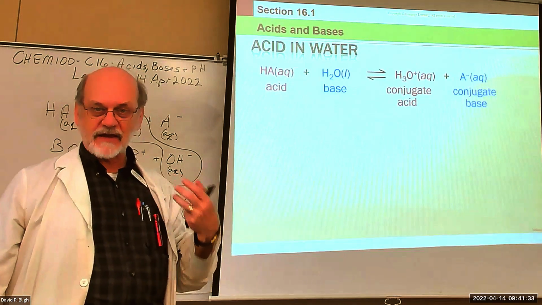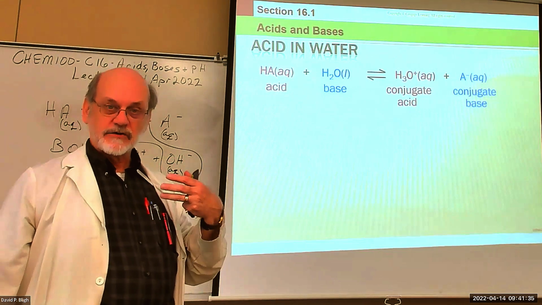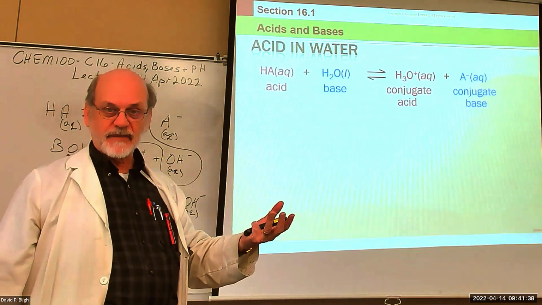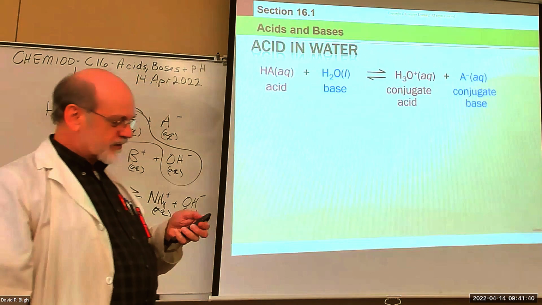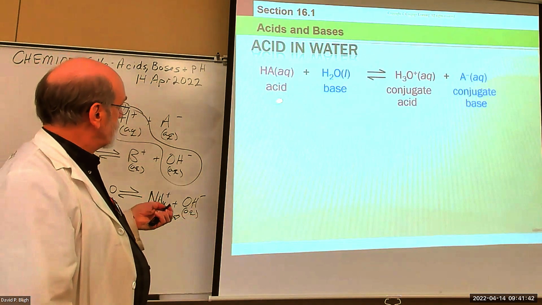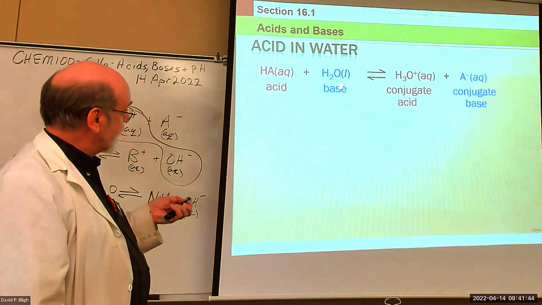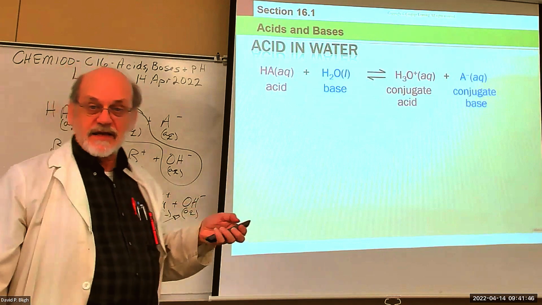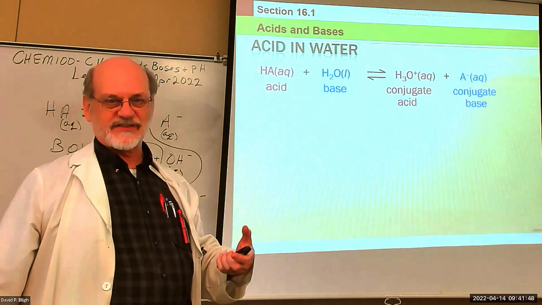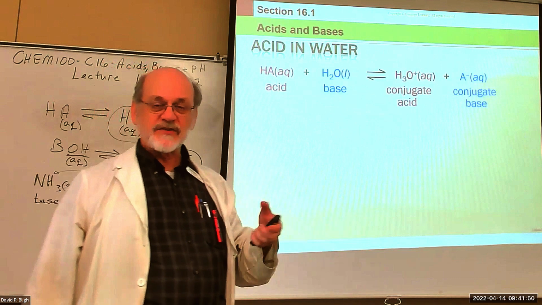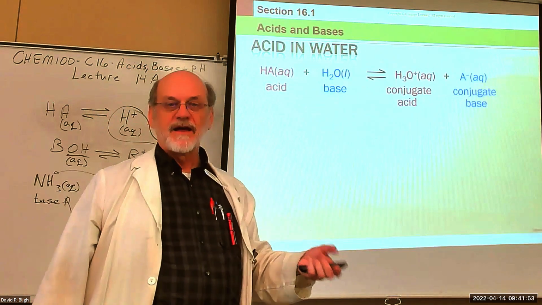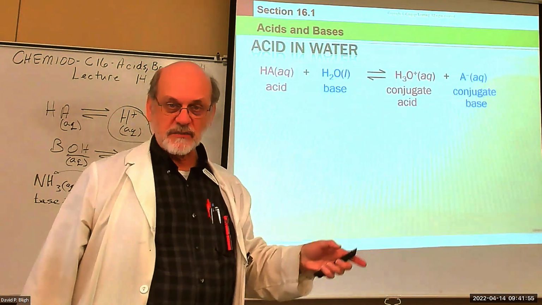It can donate that proton to a base. So we call the result of this base accepting a proton a conjugate acid. So bases produce conjugate acids, and acids produce conjugate bases.